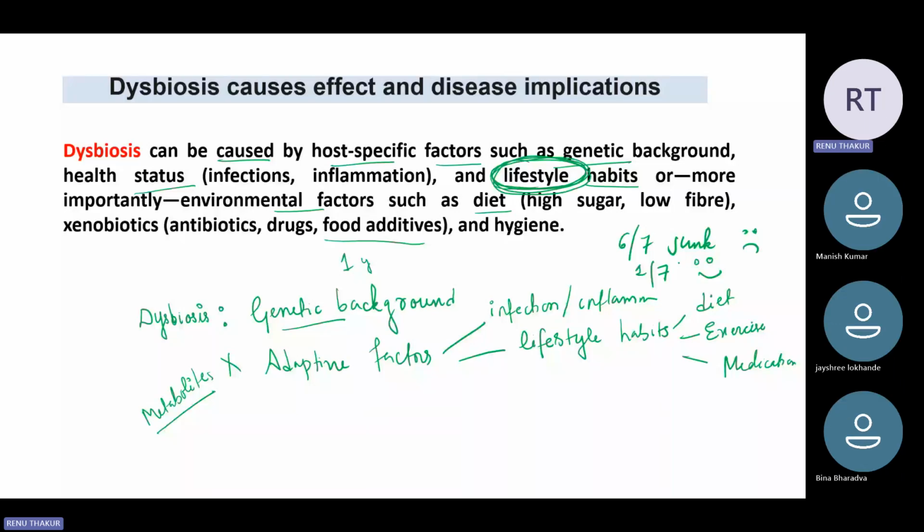If we are consuming a normal chips packet on a daily basis, it may have different preservatives, and nowadays there are so many flavors of chips. So flavoring agents are there, and coloring agents are also there. So what are the different disease implications out of that?